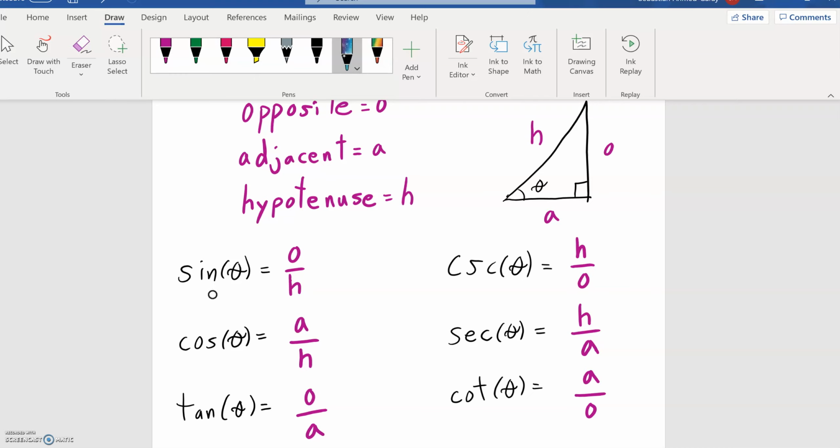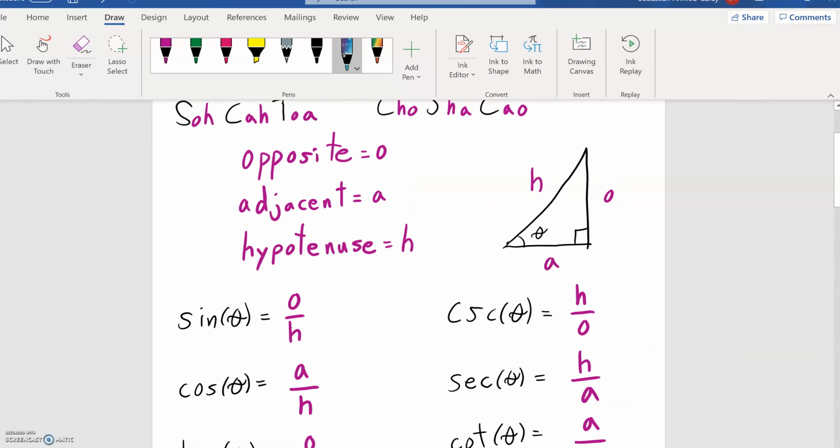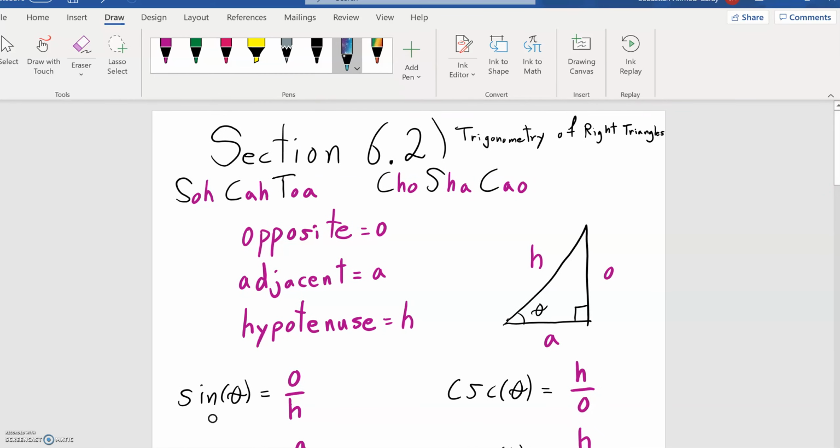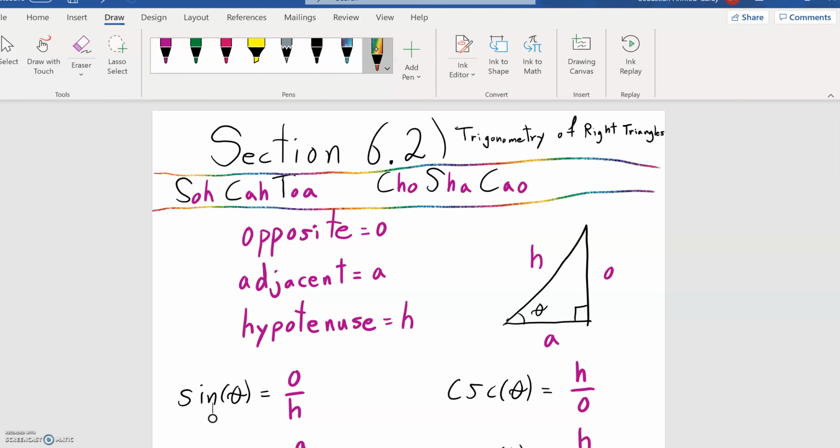To help you remember these definitions for sine, cosine, and tangent and their reciprocal functions, you have the following mnemonics, which I wrote here on the very top. I'll save the story about them for tomorrow's Zoom session.